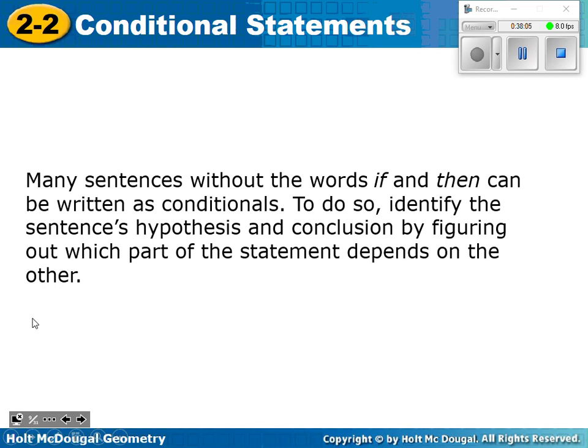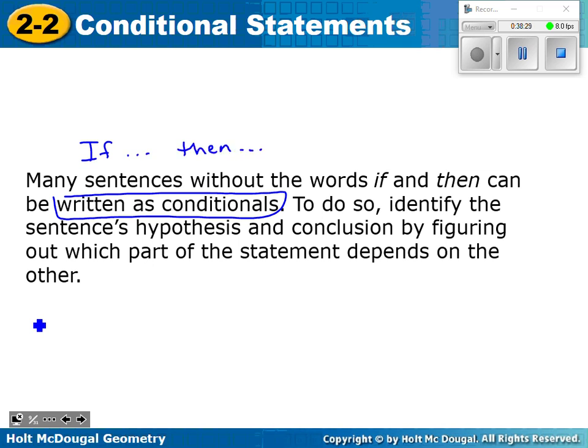Okay, so we already looked at this, but I do want to point this out. Many sentences without the words if and then can be written as conditionals. We looked at it when we had an if and no then, but we're getting ready to look at a problem where there's not an if or a then. You're going to write it as a conditional statement so that it is in the form if, then. Okay?